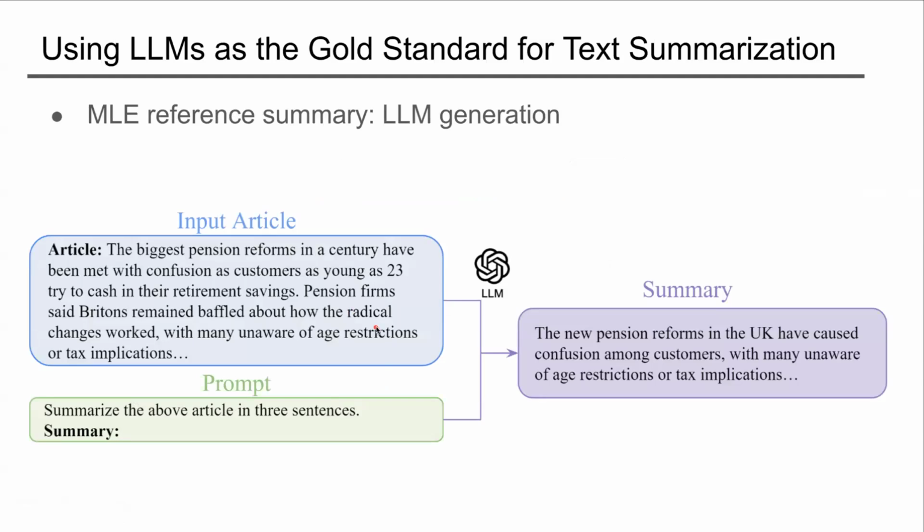And for the reference, again, we use the LLM generated summaries instead of taking the summaries from this data set. So simply we ask the model to summarize the article, and then we use this for training.